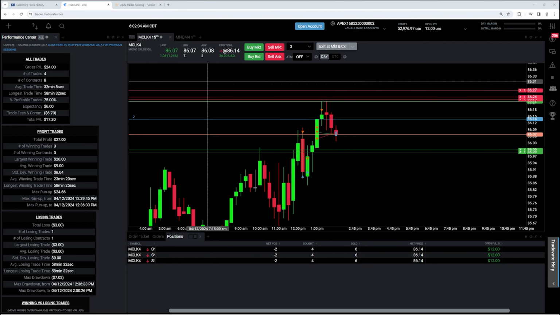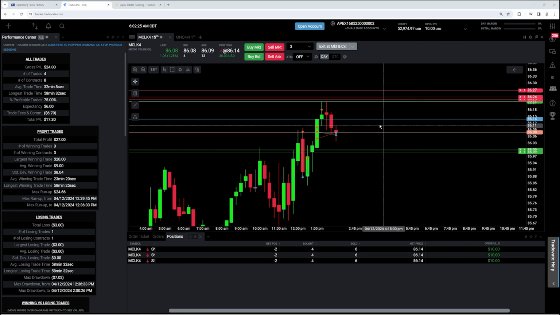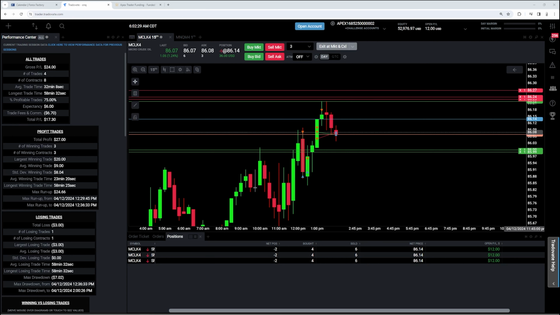Price should go down here to 86, at least 86. I don't see why price would retrace up from here, to be honest. It should retest the 8607 and go down to 86, or the 8608-09 maximum, and go down.